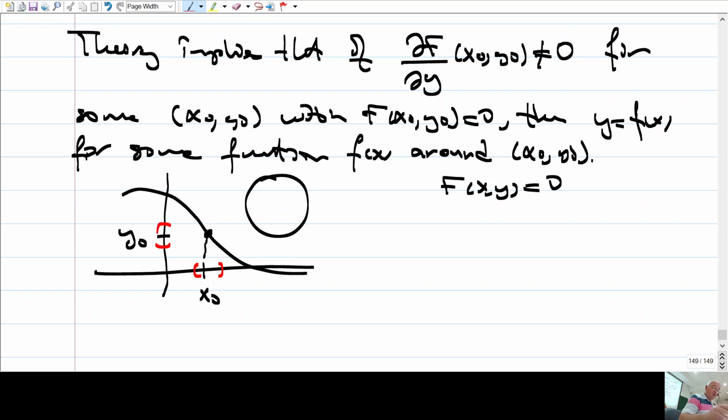Intervals so that y can be written in terms of x as a function for x in this interval. Let's say x0 minus delta, x0 plus delta. There is this delta interval, okay.